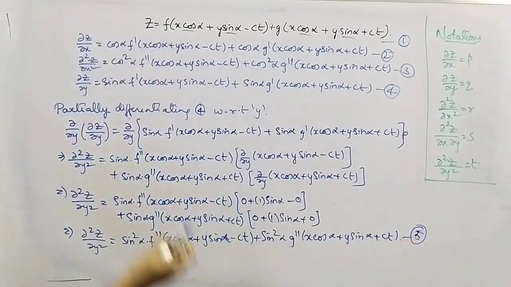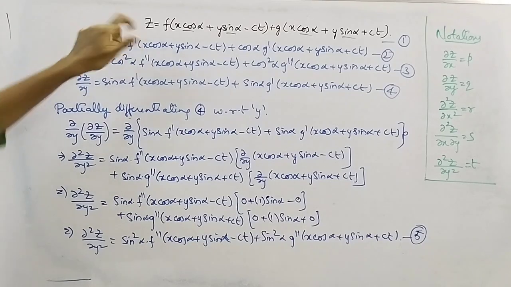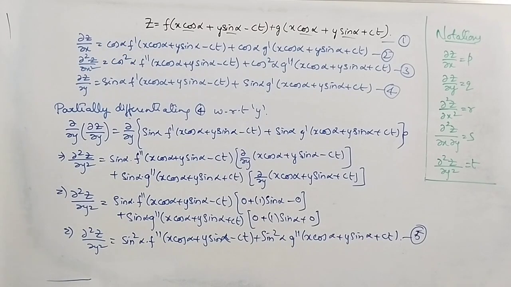Now we need to find the partial derivative of 1 with respect to t, and also the second derivative of 1 with respect to t. Okay, let's see.